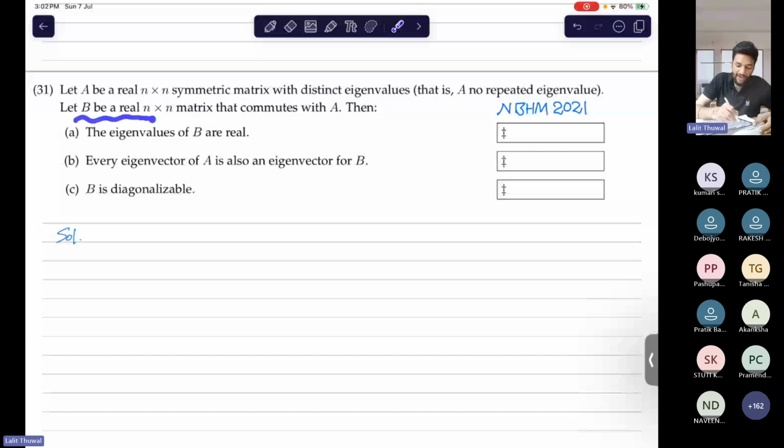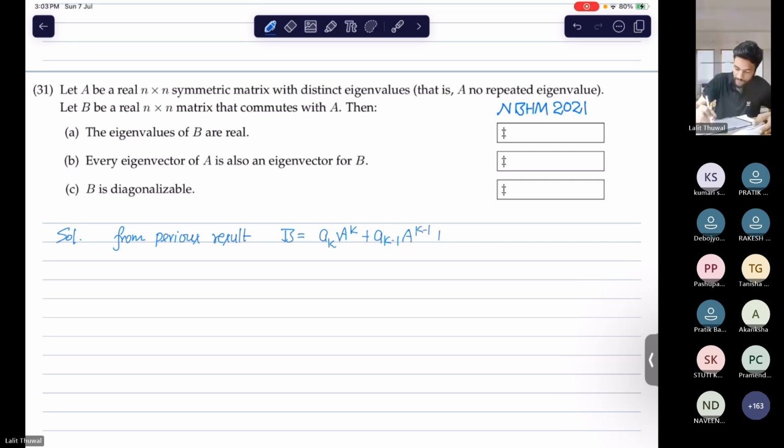Let B be a real matrix which commutes with A. Then, from the previous result, B equals A_k A to the power k, okay, let me use k, because n is the order, dot dot dot plus A_0 I. B must be a polynomial in A from the previous result.